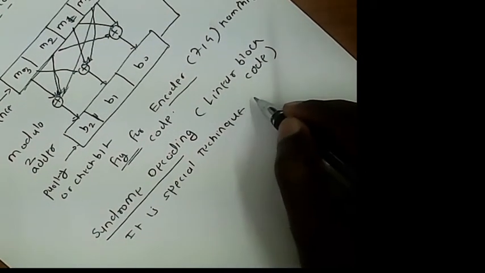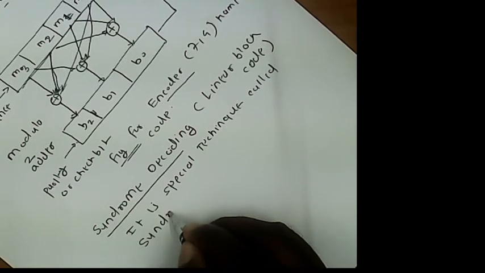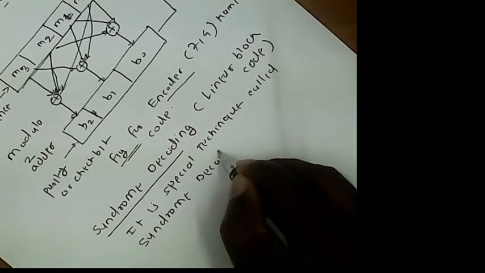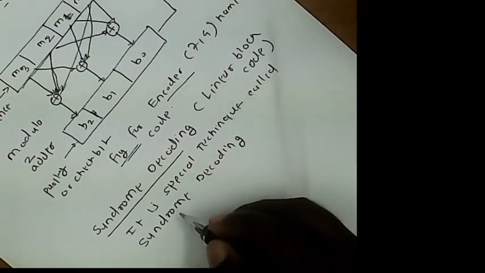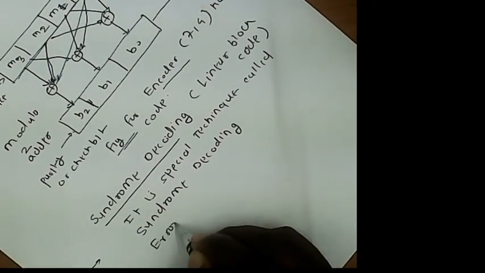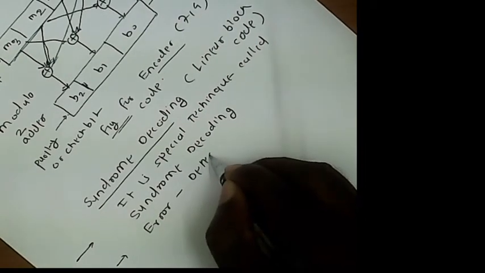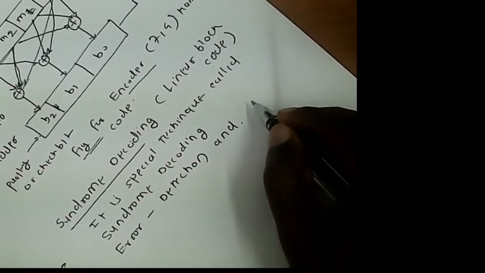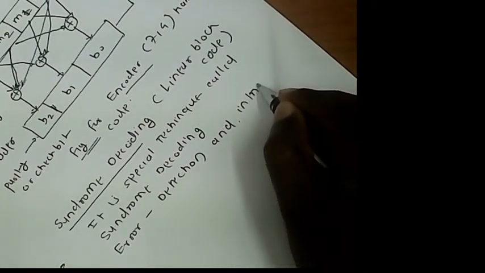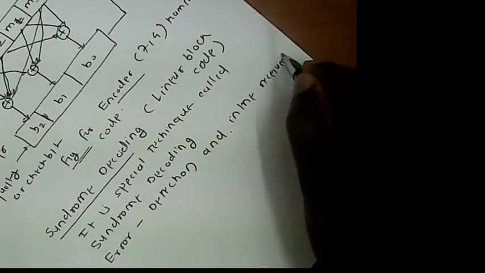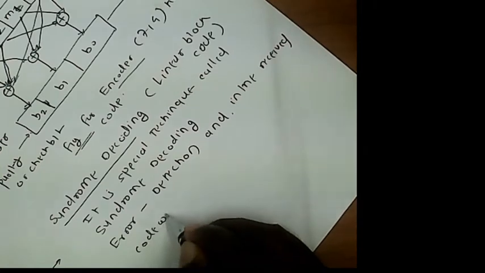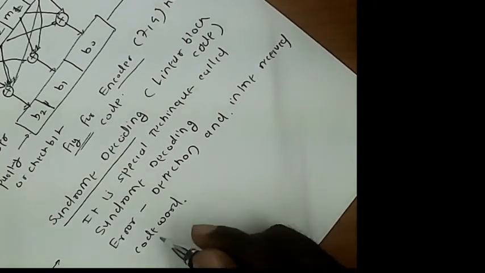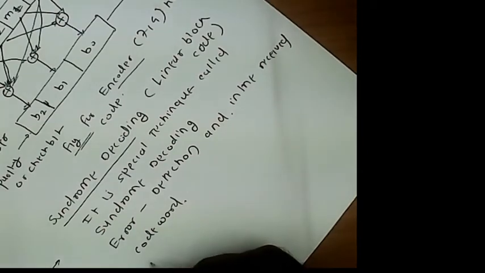The main objective of syndrome decoding is error detection in the received code word, and the second objective is error correction.